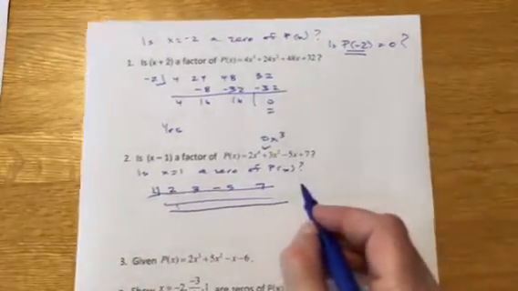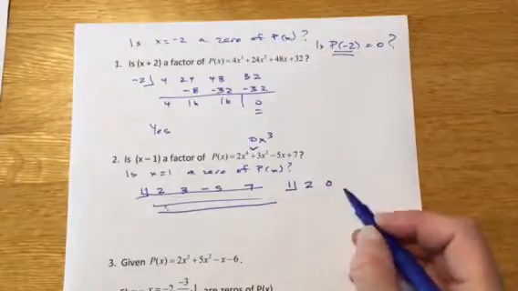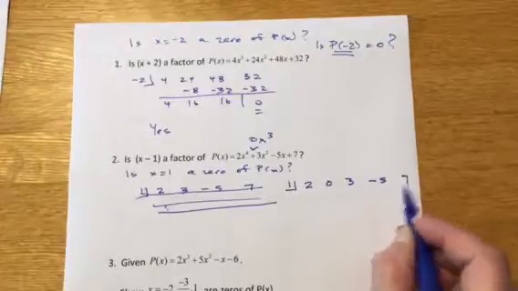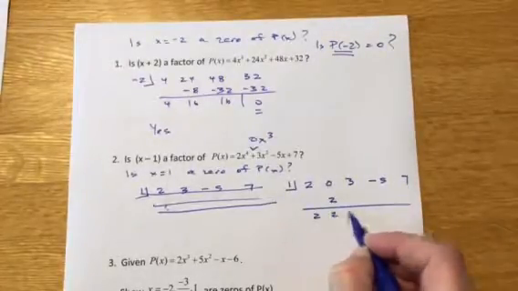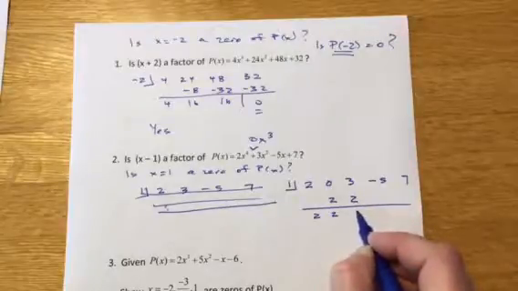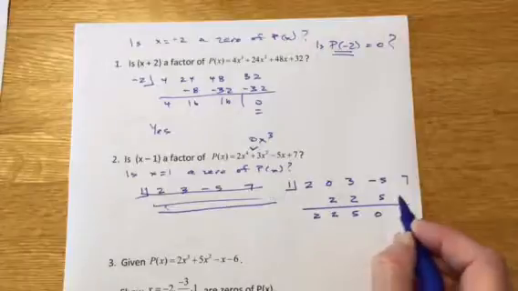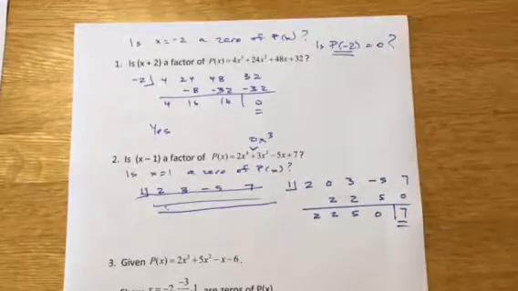So we have a 1, 2x to the 4th, 0x cubed, 3x squared, -5x, and 7. So bring down, multiply, add, multiply, add. It's nice, we're always multiplying by 1. So we're left with 7. So remember, what does that mean?